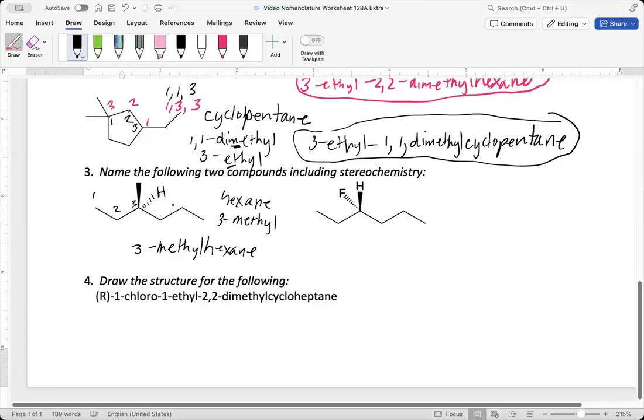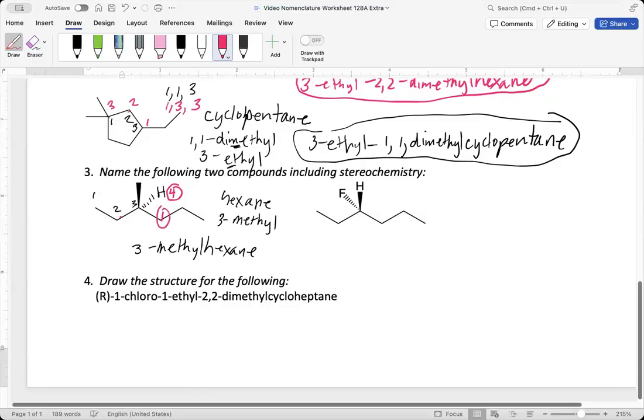Remember that in order to assign R/S, we want the lowest priority group to be pointed away from us. That's the convention. So in this case, the lowest priority group is the hydrogen and it is pointing away from us. So that's priority 4. Okay. The highest priority group is going to be this propyl group over to the right. So we're going to give that 1.